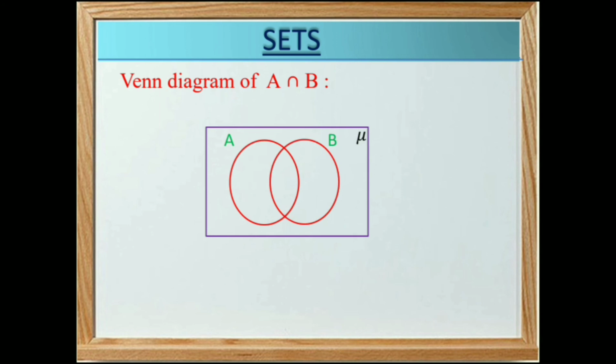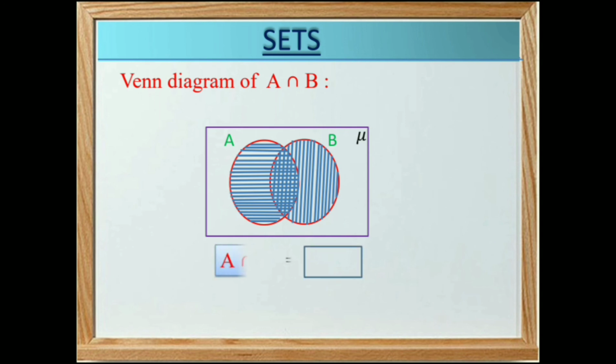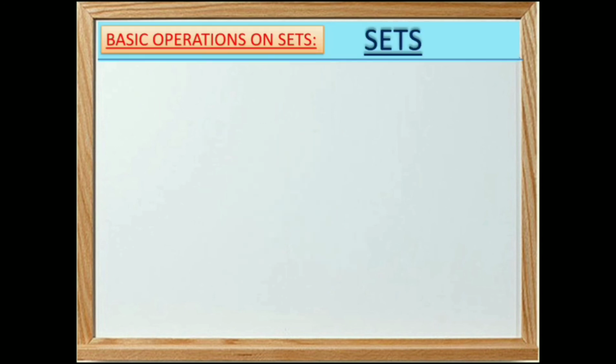Then first shade set A, then shade set B. Here the shaded area, the common area, is A intersection B. Like this we can represent the Venn diagram of A intersection B.